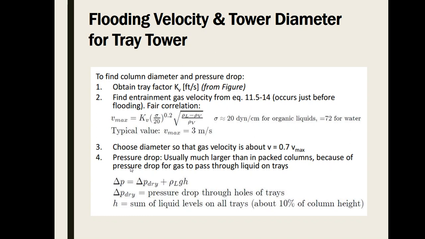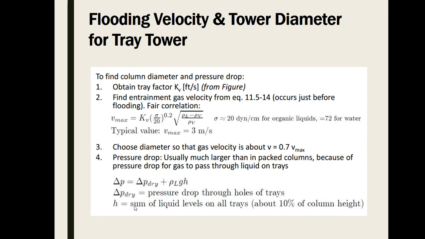As for pressure drop, this is usually much larger than in packed columns because of the pressure drop for gas to pass through the liquid on the trays. Delta P here is equal to the delta P dry gas plus rho L, the density of the liquid, G times H. The delta P dry is the pressure drop through the holes of the tray, with no liquid yet passing horizontally through the holes.